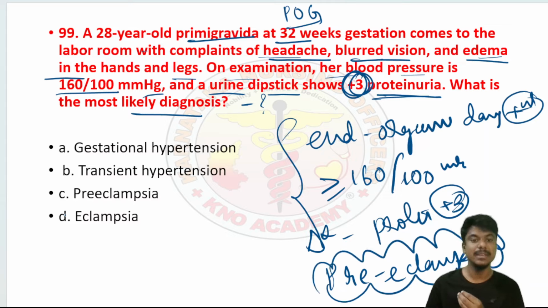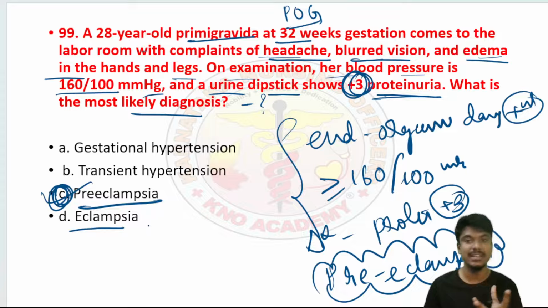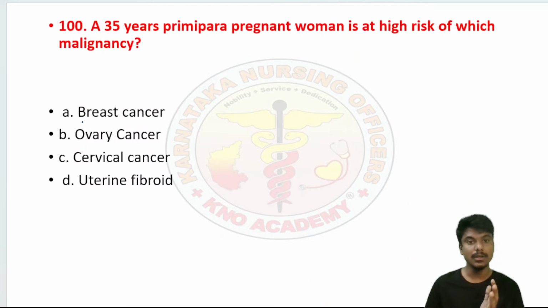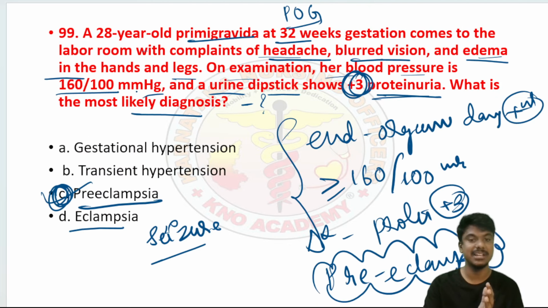So our answer will be preeclampsia. The major difference between eclampsia and preeclampsia is seizure. If these three are present along with a seizure, you should answer eclampsia. But here no seizure episode is given, so your answer will be preeclampsia. All of you clear about preeclampsia and eclampsia?